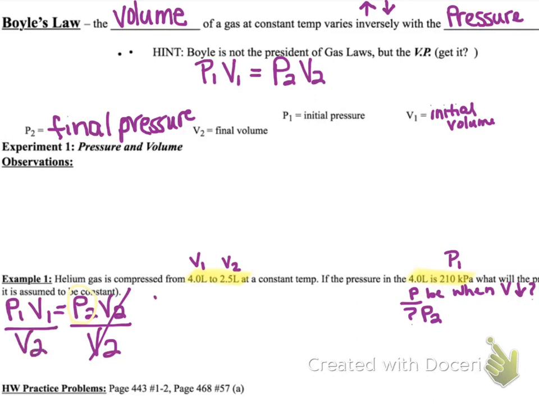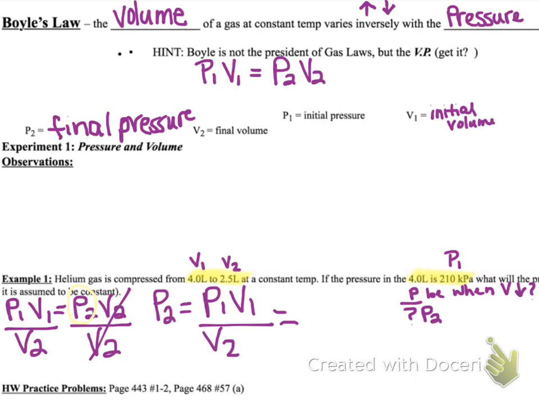So, when I've rearranged this formula, in order to get the final pressure, it's going to be initial pressure times initial volume divided by final volume. All right, so I'm going to plug in our variables.